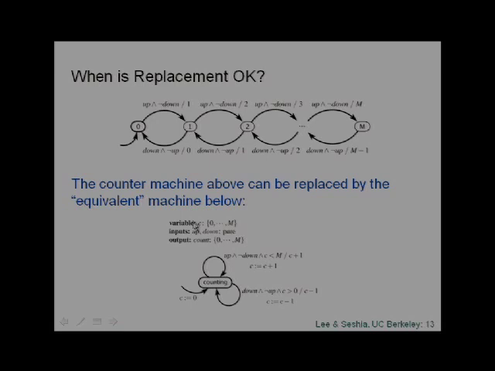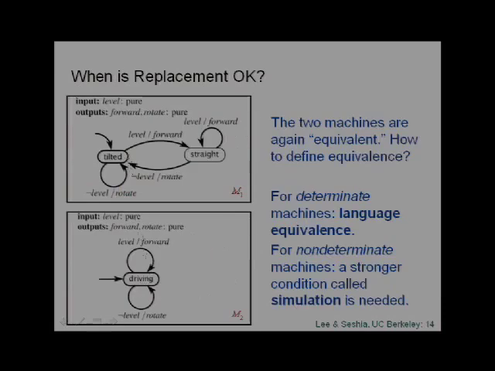Okay, let's look at a slightly different example. So this one here is what we looked at previously, and we reasoned about the fact that the input output sequences of these 2 machines are the same. Okay, so this is language equivalence. So to define language equivalence precisely, we need to go back to the same notion we looked at on Monday, which is what is an execution trace of a state machine.